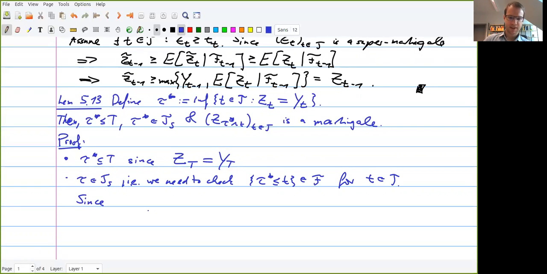Let's do this. This is equivalent to saying that tau star is strictly bigger than t is in F_t, since it is the complement of the event that tau star is less or equal than t. The property of the sigma algebra: an event is in F_t if and only if the complement is in F_t.